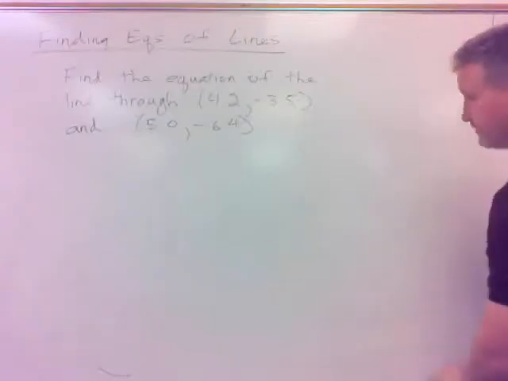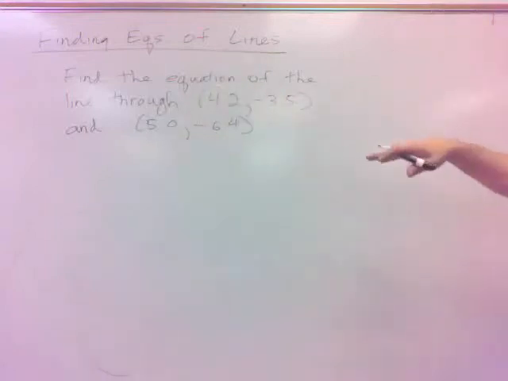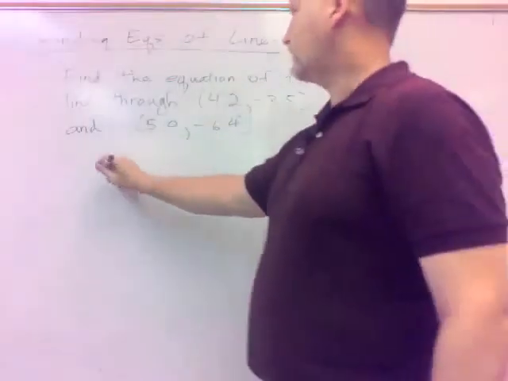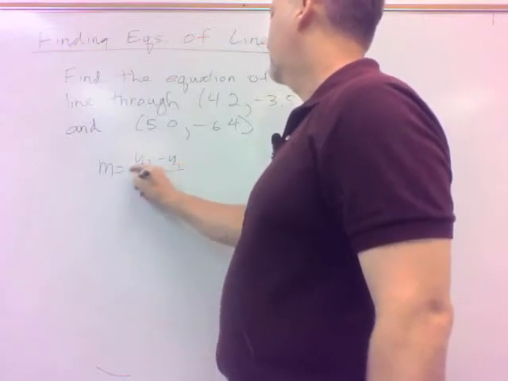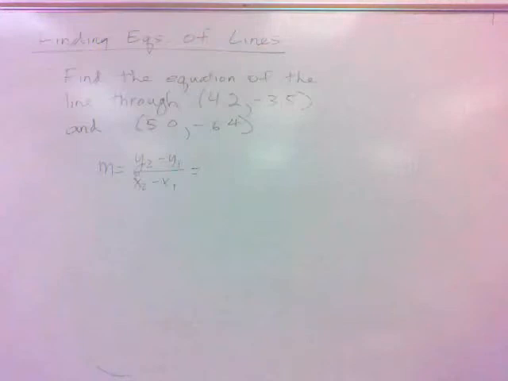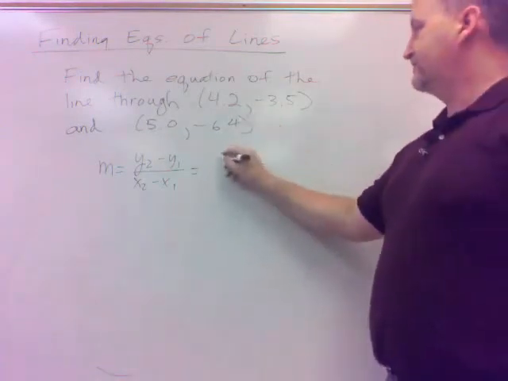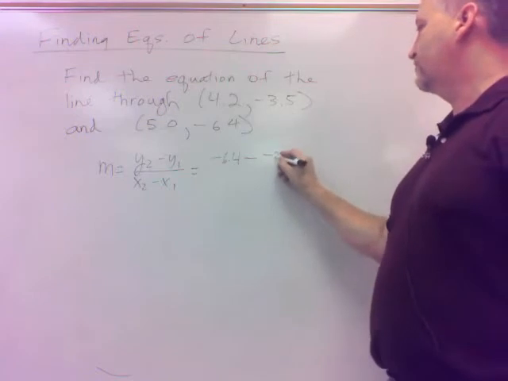All right, so again, we want y equals mx plus b, but we're going to have to start with the slope formula first: y2 minus y1 over x2 minus x1. Difference of the y's over difference of the x's first. What does that get me? Second y is negative 6.4 minus the first y, which is negative 3.5.